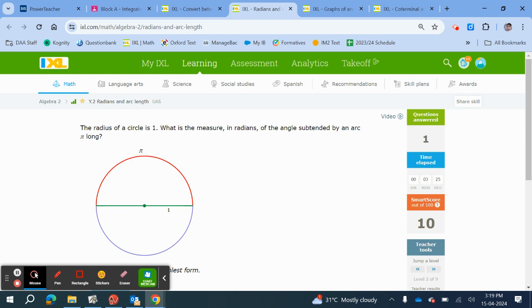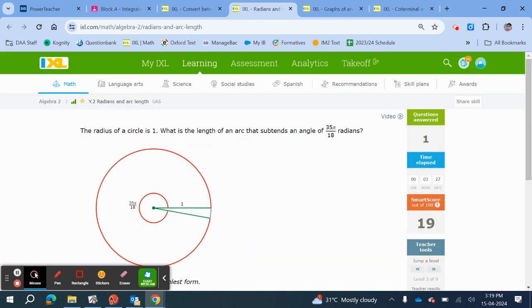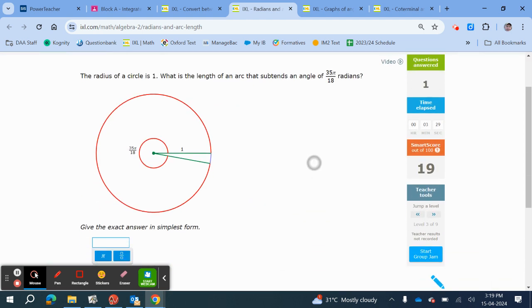Here's the question again. We've still got a radius of 1. So what would be the length of the arc? That's going to be 35 pi over 18.